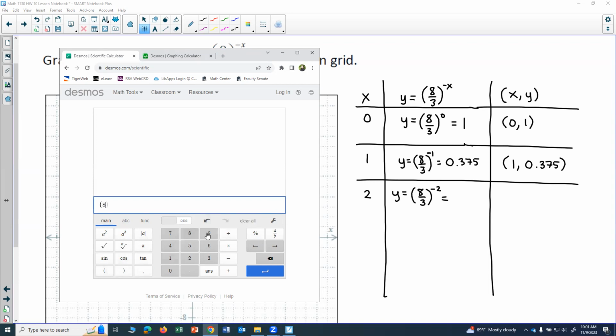Okay, so I do parentheses, 8 divided by 3, use my right arrow to get out of fraction mode, close the parentheses, do the exponent key, A to the B, and then put a -2. So I get 0.1406.